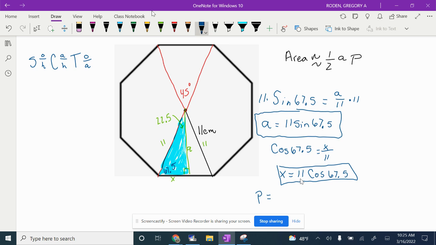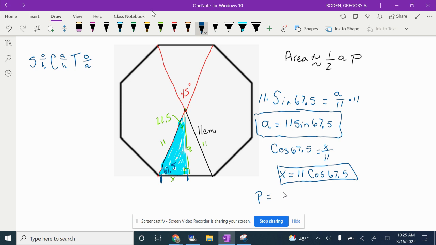What is 16 times 11? Do the math. 176. Does everyone understand where I got the 16 from? Because this little chunk from here to here is 1/16 of the perimeter. Do you guys see that?